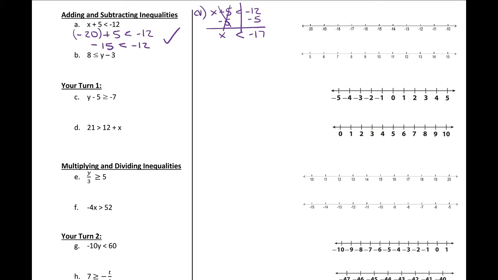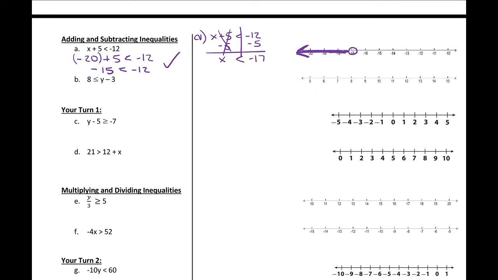So to graph this, I'm going to put an open circle at negative 17. And when I put an open circle there, I'm saying that I'm not including negative 17. But I am including everything to the left. So I'm going to shade everything to the left. Okay? So when we have a less than or a greater than sign, use an open circle.